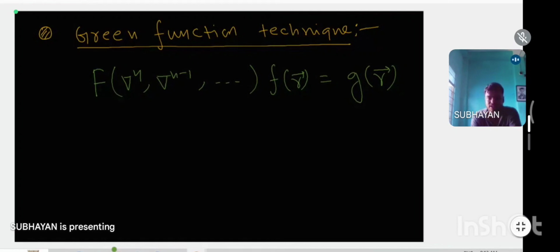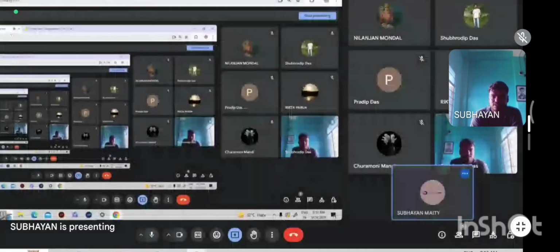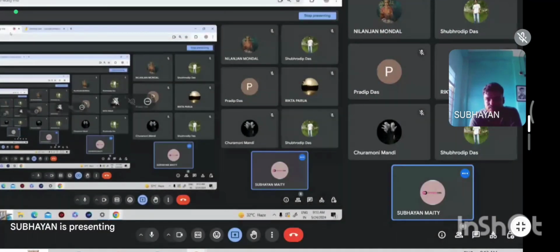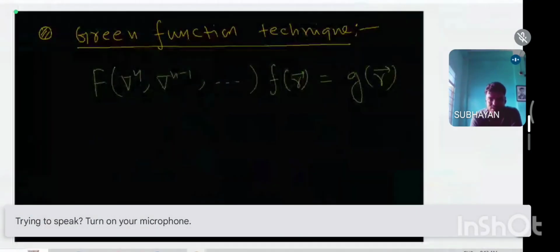So this is the common form of an inhomogeneous equation.